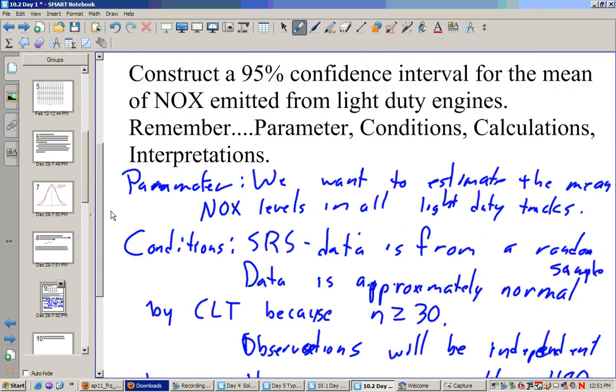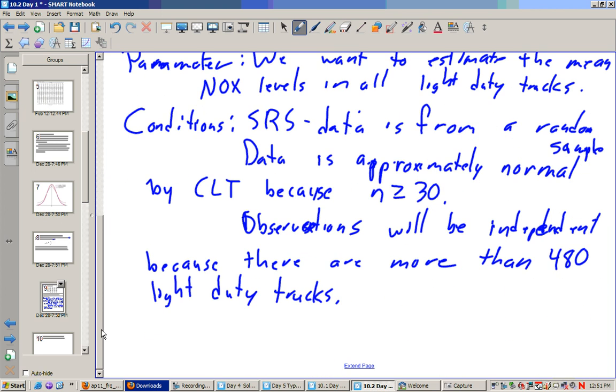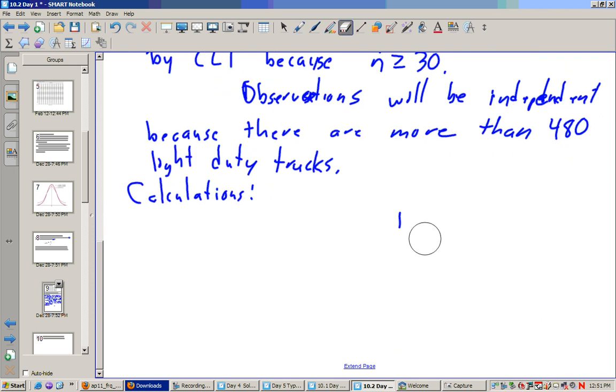All right, so now we have those out of the way. Now we get to the calculations. So for our calculations, we take our formula x bar plus or minus t star times s over the square root of n.